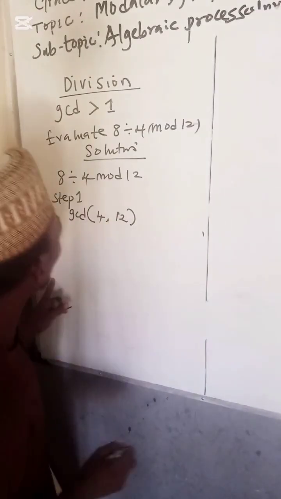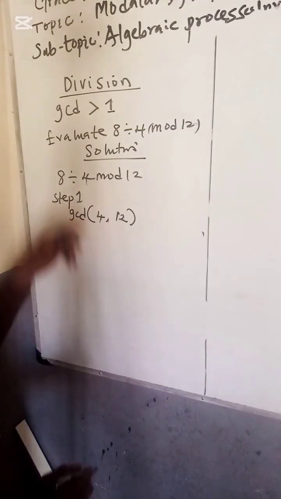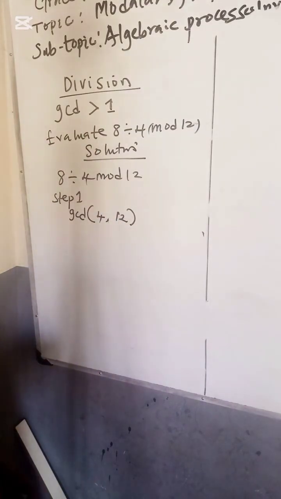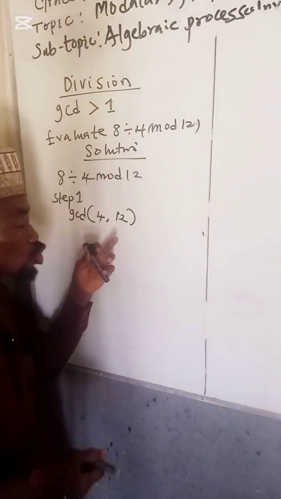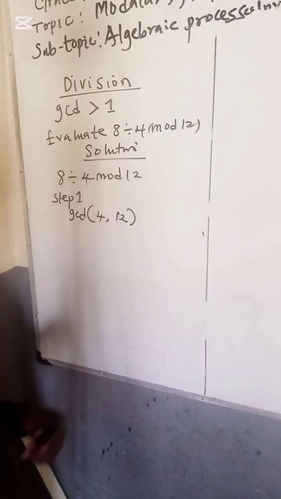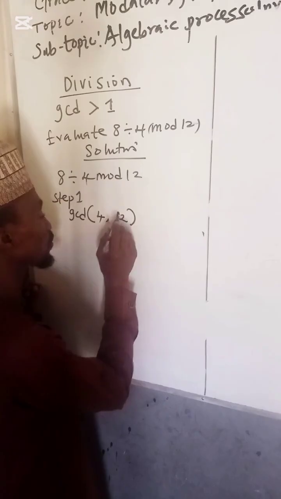It is 4. And remember, we said when the GCD is not 1, the easiest way to simplify or evaluate is to use CRT, which we covered in the previous video.